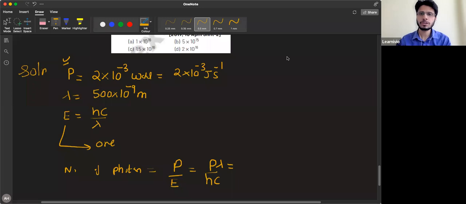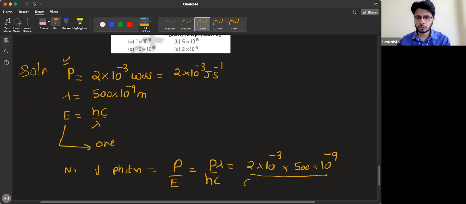Next, you can substitute the values. Power is 2 into 10 raised to the power minus 3, multiplied by lambda, which is 500 into 10 raised to the power minus 9, divided by h, which is 6.626 into 10 raised to the power minus 34, and c, which is 3 into 10 raised to the power 8.